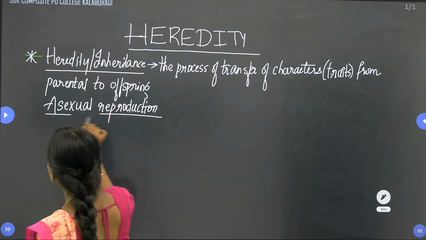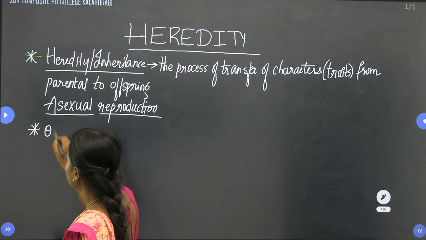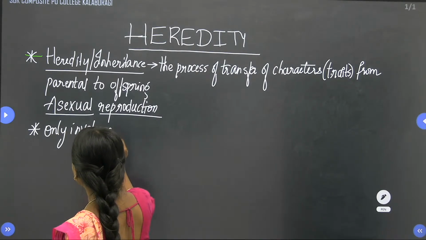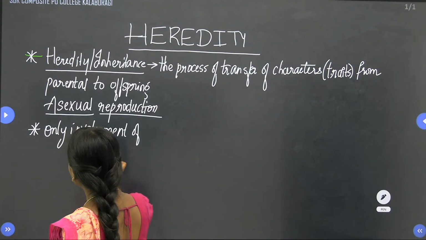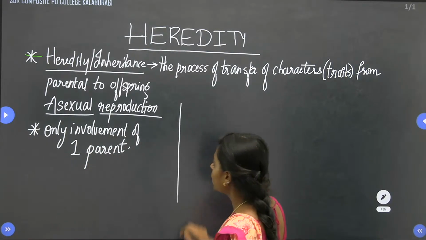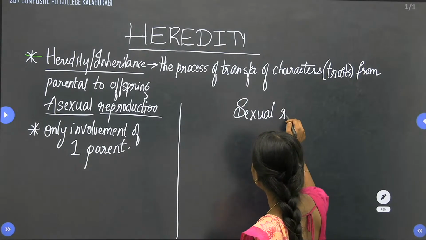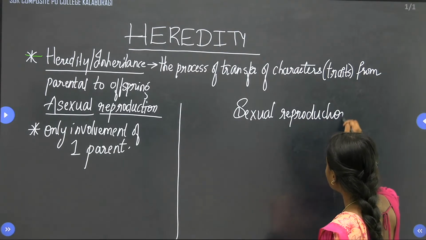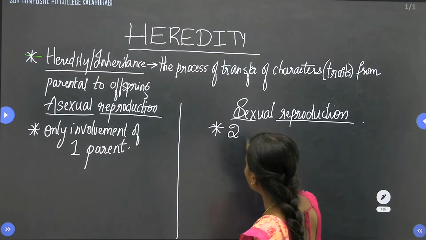In case of asexual reproduction, we can observe that there is involvement of only one parent. Whereas in case of sexual reproduction, we can see that there is involvement of two parents.